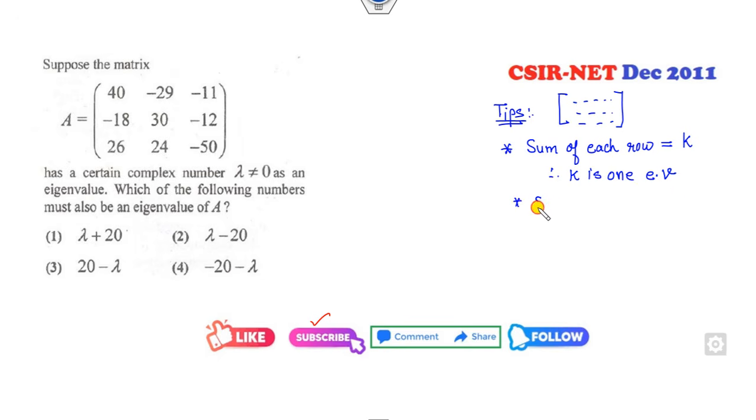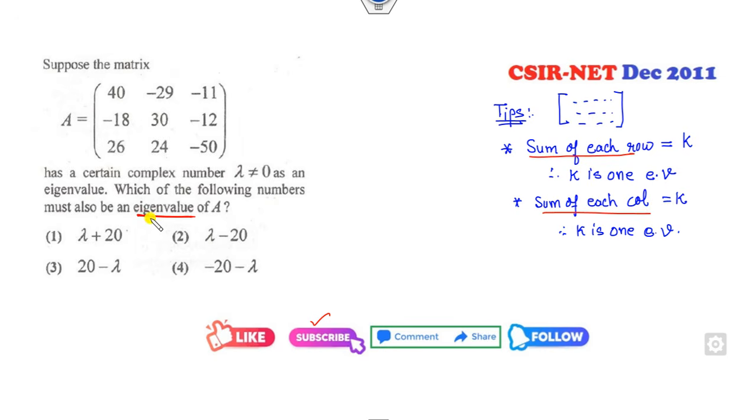Same for the columns: if the sum of each column is k, then k is one of the eigenvalues. Always remember, whenever you see the concept of the eigenvalue in a problem, start with this first step.